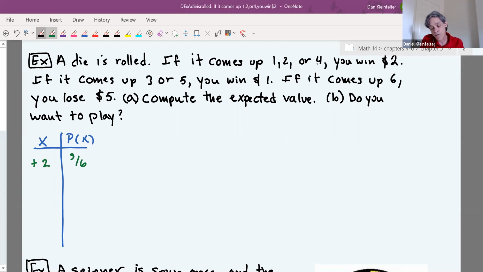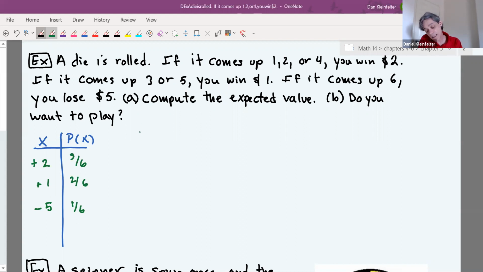Getting a 1, 2, or 4, you win $2. If it comes up a 3 or a 5, which has probability 2/6, then you're going to win $1. If it comes up a 6, and there's a 1/6 chance that will occur, you're going to lose $5. And I'm going to represent that with a -5. So your loss of $5.